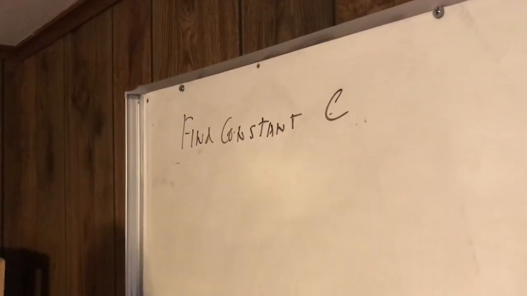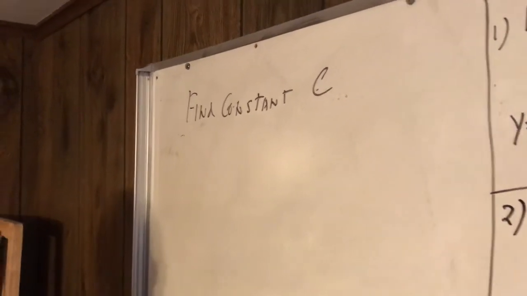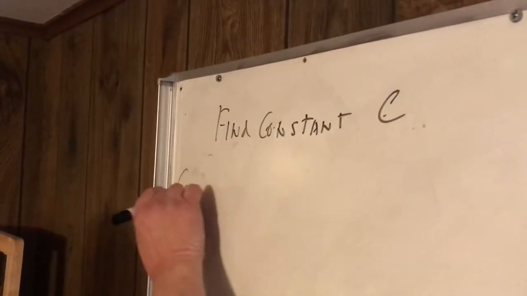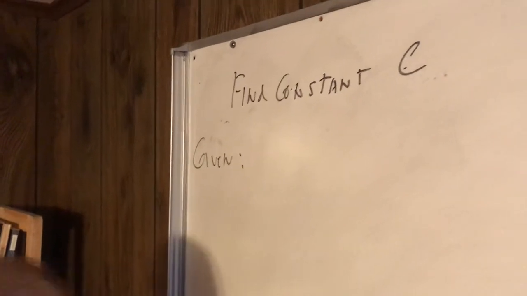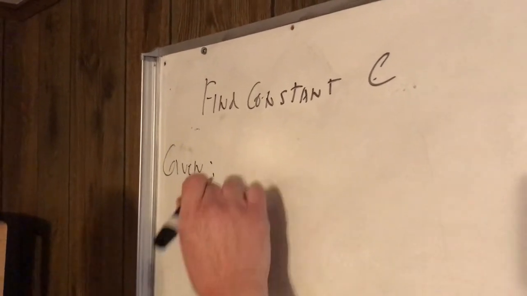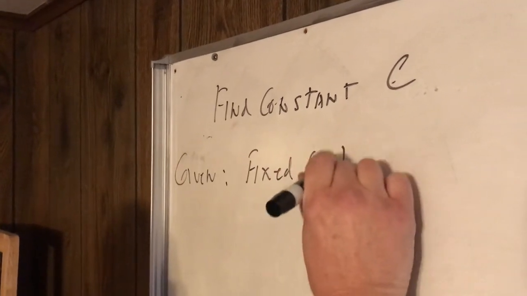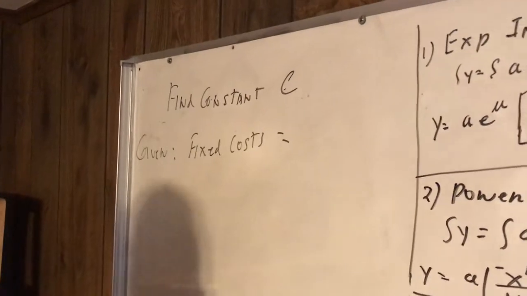Okay, find the constant c given what? The fixed costs equals $10,000.